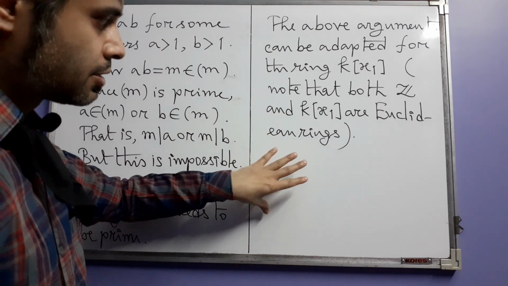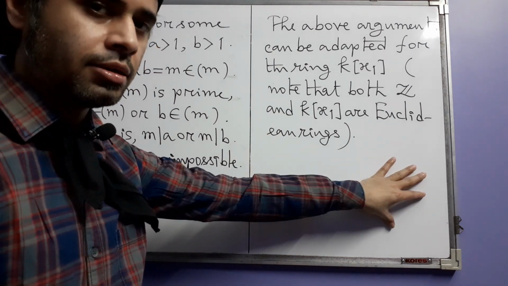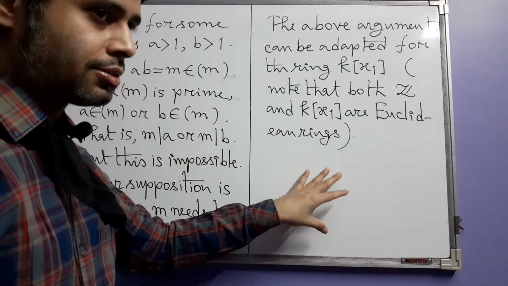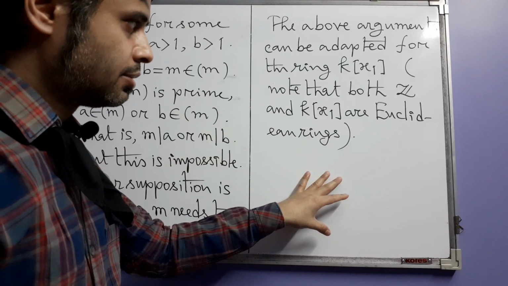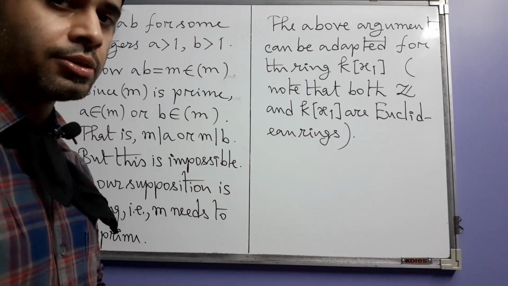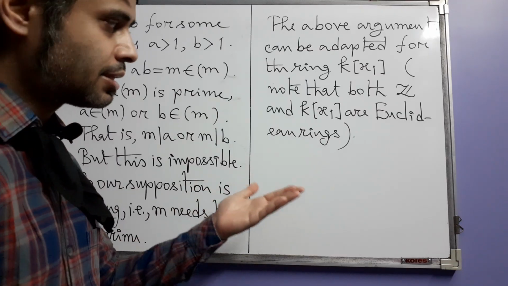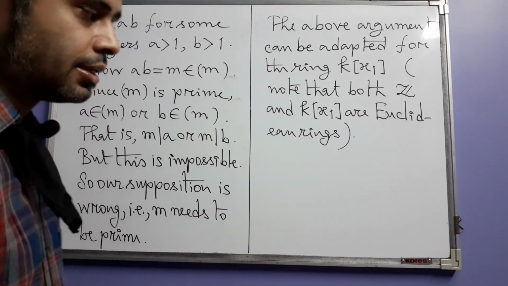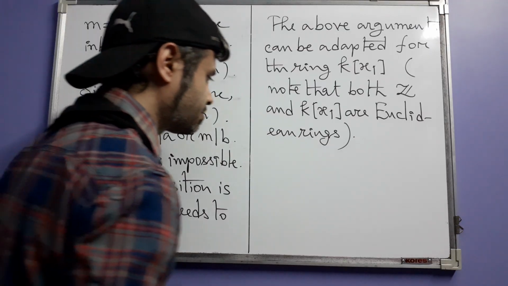I mean, in such multivariate polynomial rings, it is no longer true that the prime ideals or maximal ideals can be linked to irreducible polynomials, or some such links are not available here in the multivariate case. Let us see why.